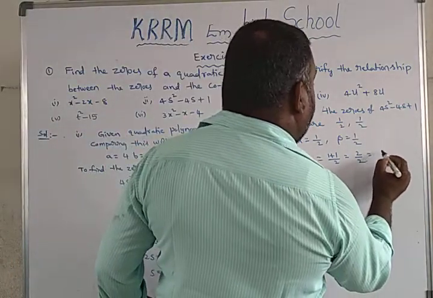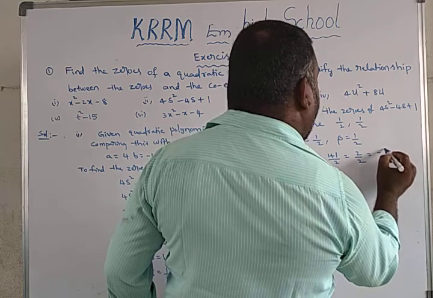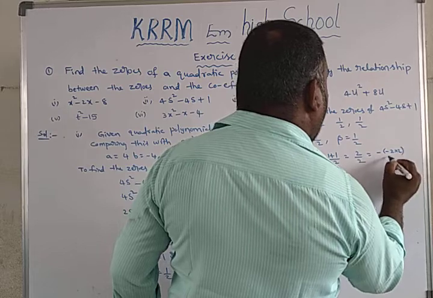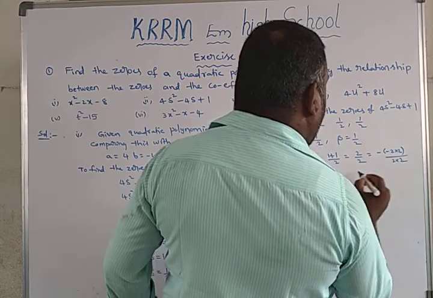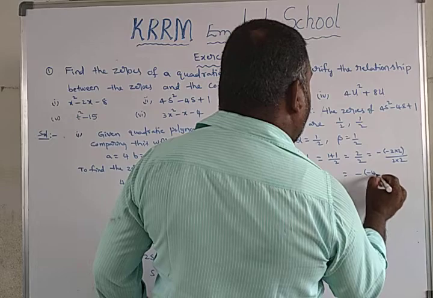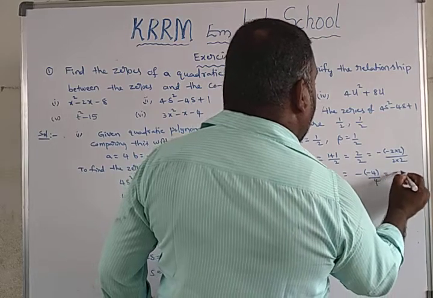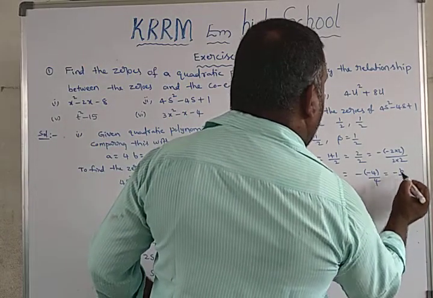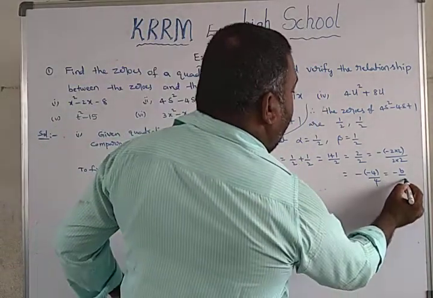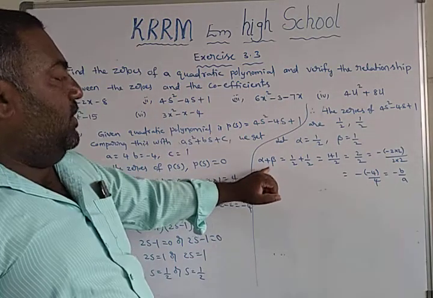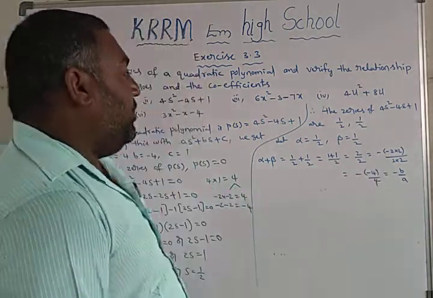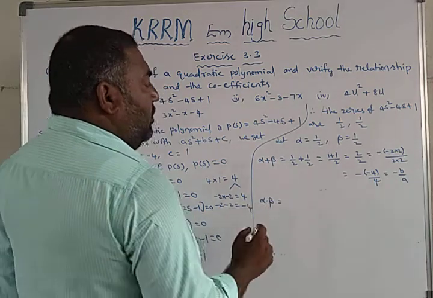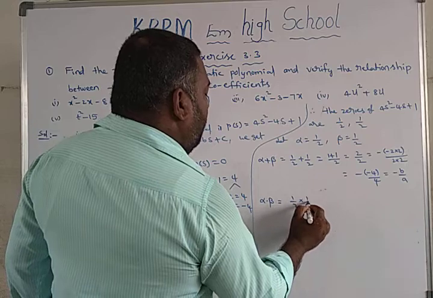This can be written as minus of minus 2 into 2 upon 2 into 2, which is equal to minus of minus 4 upon 4, which is equal to minus b by a. So alpha plus beta is equal to minus b by a.